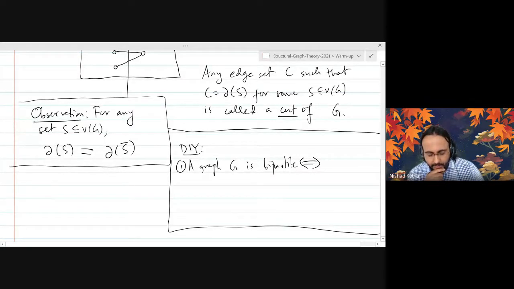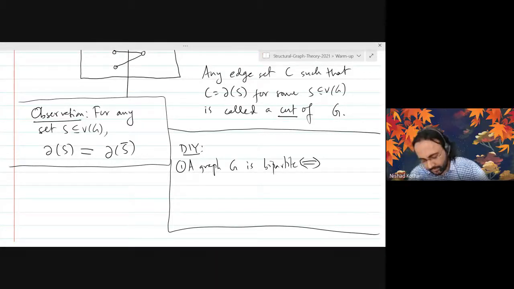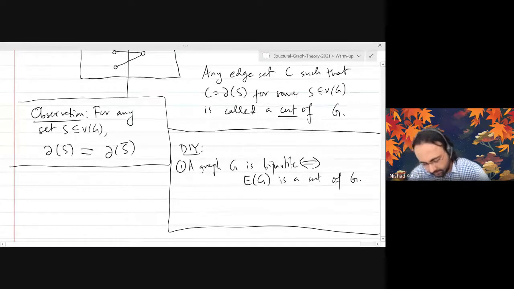Can anybody help me? Sir, I think it will be if and only if the set of all edges of G is itself an edge cut. That's correct. So if and only if the set of all edges of the graph is a cut of the graph G.